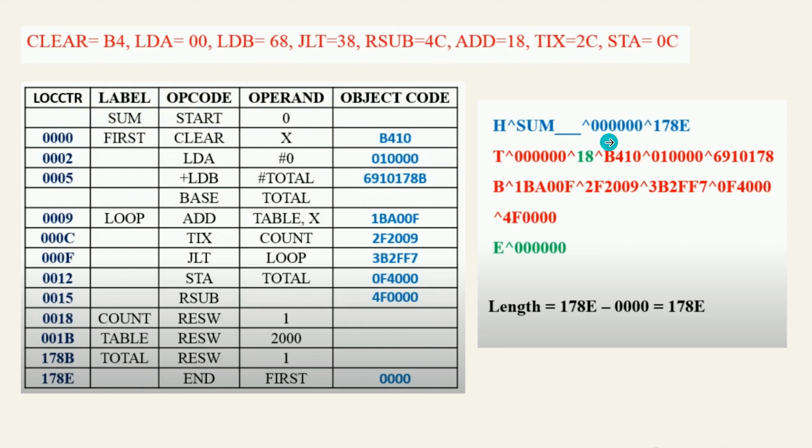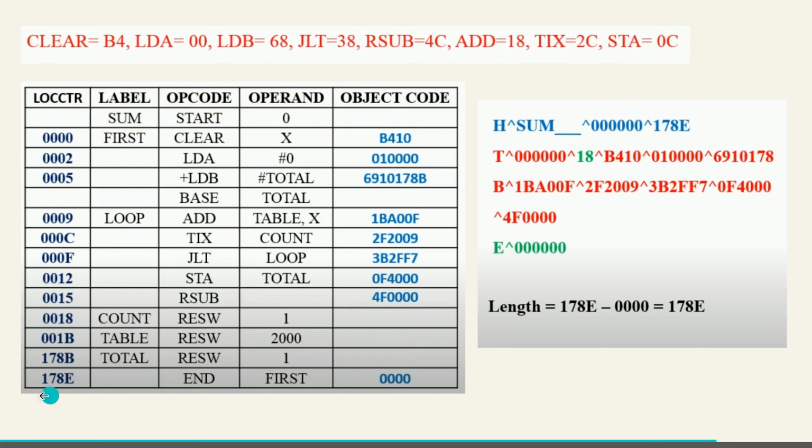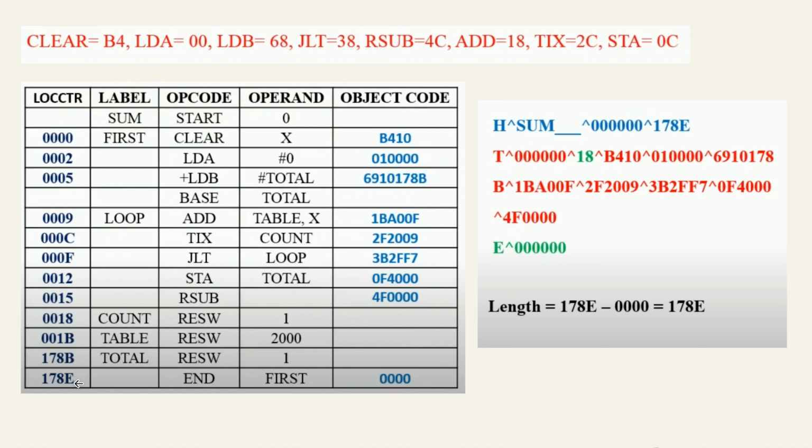What is the next column? The next column is from column 14 to column 19. It says the length of the object program in bytes. How do we generate the length of the object program? That is equal to the last address minus the starting address. What is the last address?